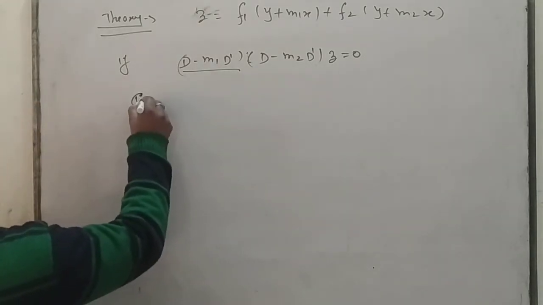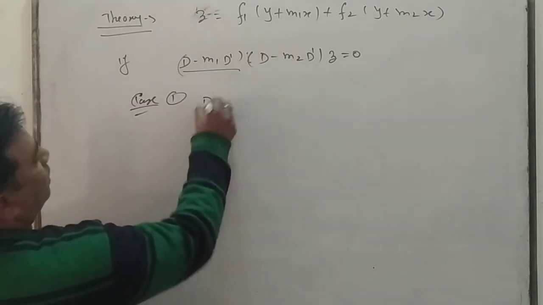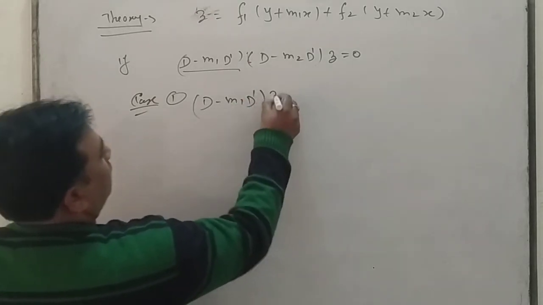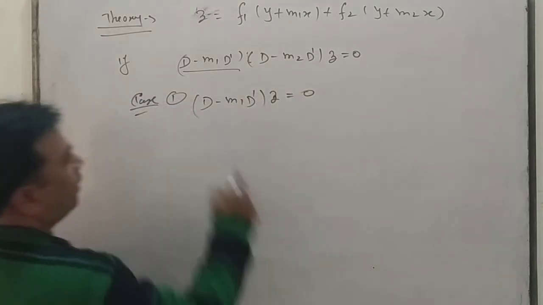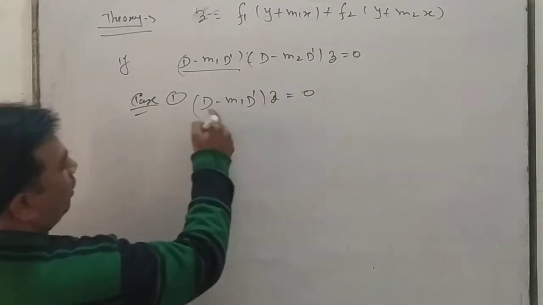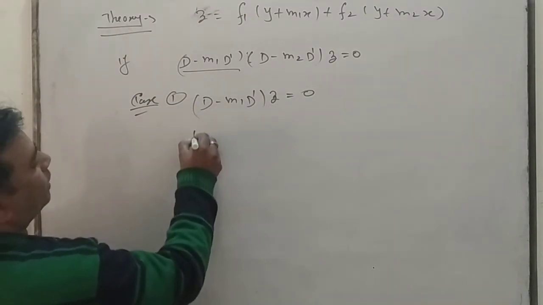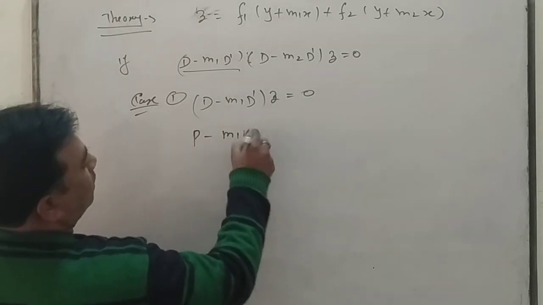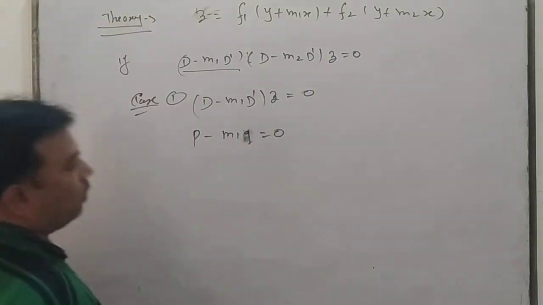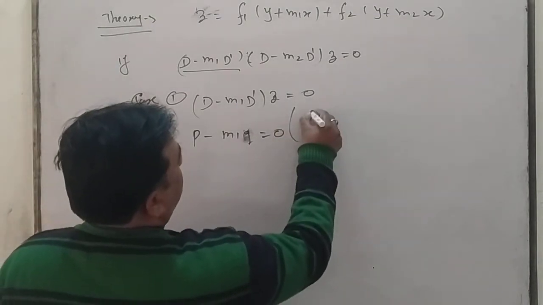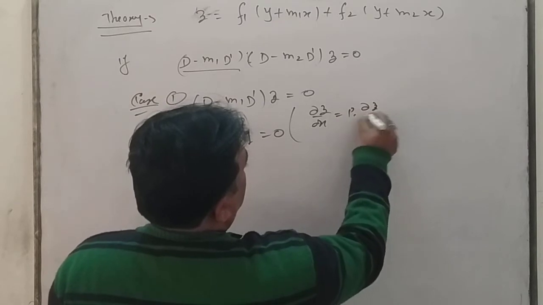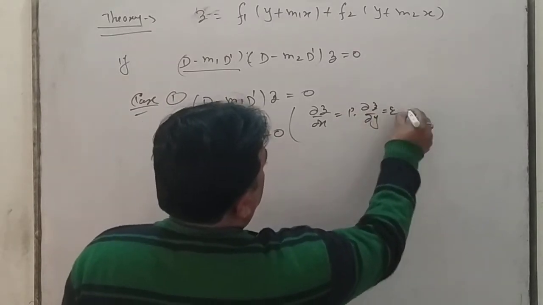In case one, D minus m1 D dash into z equal to 0. Write in this form: p minus m1 q equal to 0, because del z over del x equal to p and del z over del y equal to q.